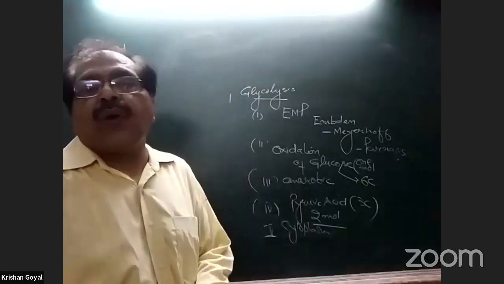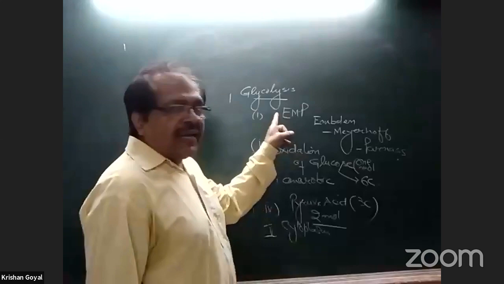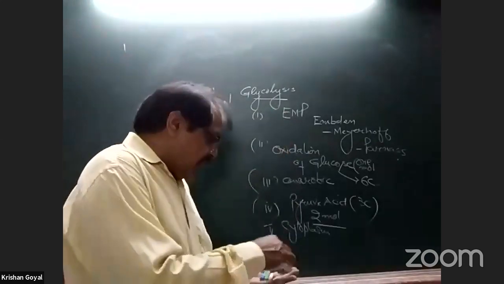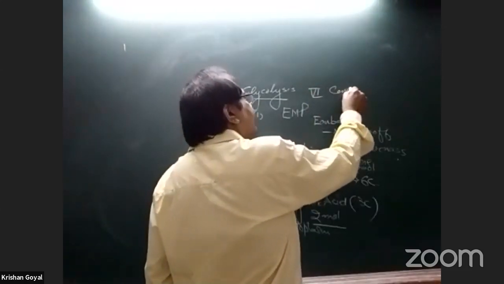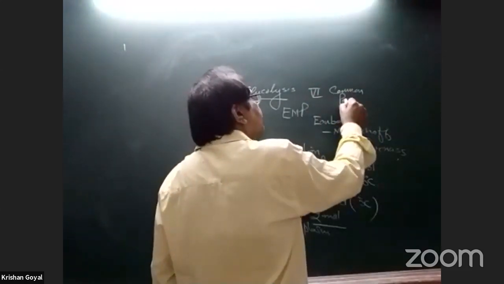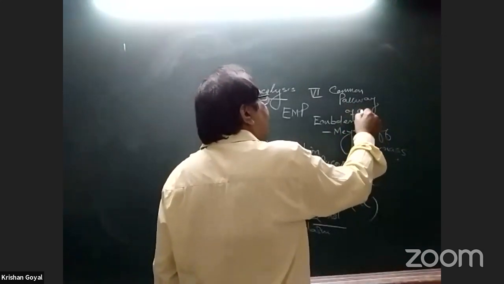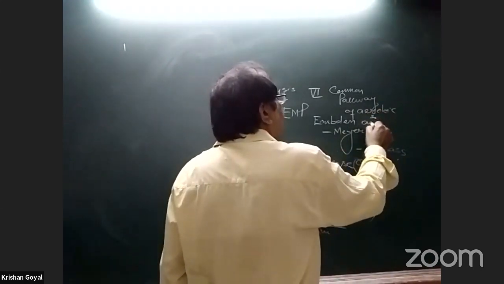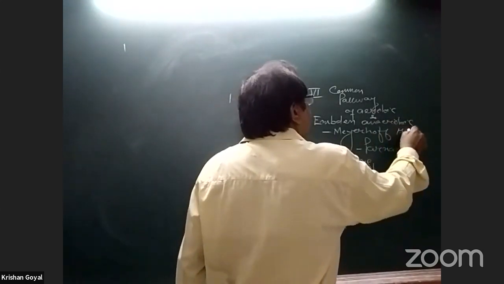And last point, but not the least, glycolysis is the common pathway for aerobic and anaerobic respiration.